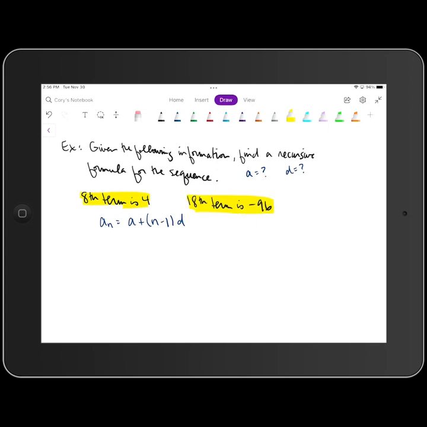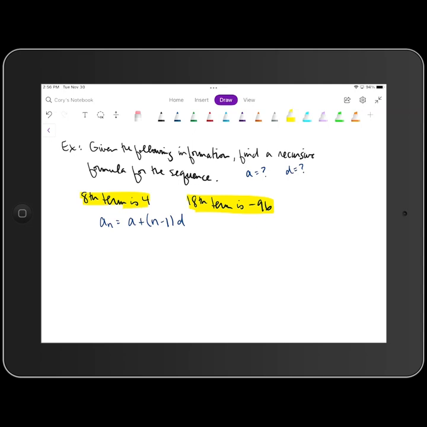Given what we know in math, if we are solving for two variables, A and D, we have to be able to solve a system of at least two equations.